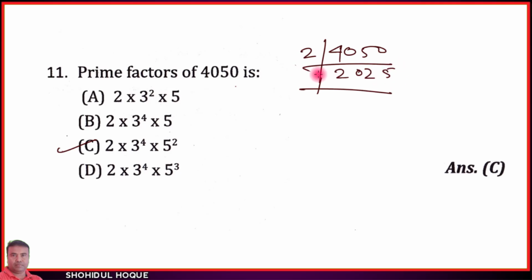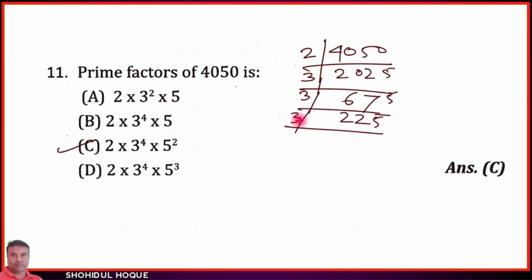Now we can check by 3. 3 sixes are 18, 2 left, 3 sevens are 21, 1 left, 15, 3 fives are 15. 1 plus 3 plus 5 is 18. Again we can divide it by 3. 3 twos are 6, again 3 twos are 6, 1 left, 15, 3 fives are 15.